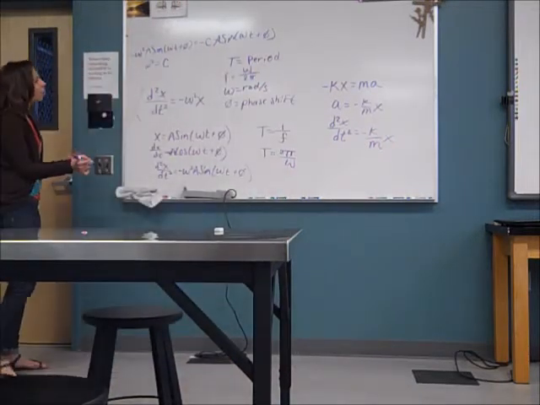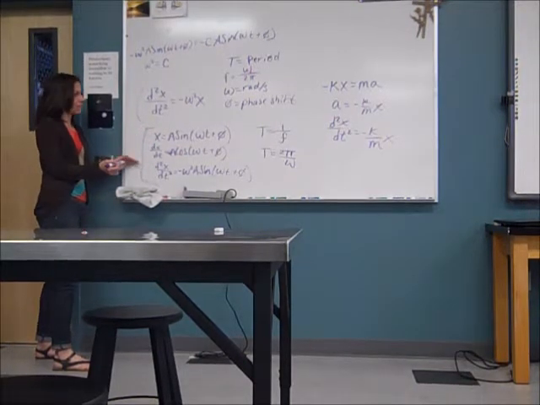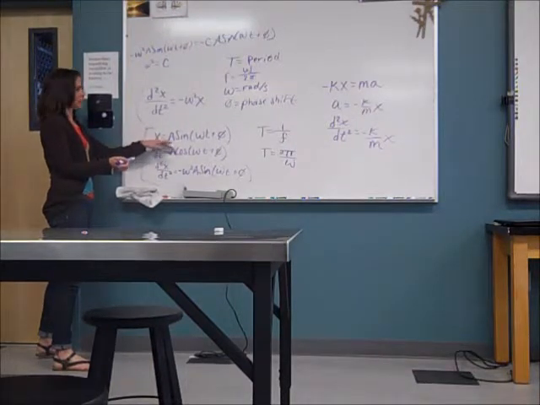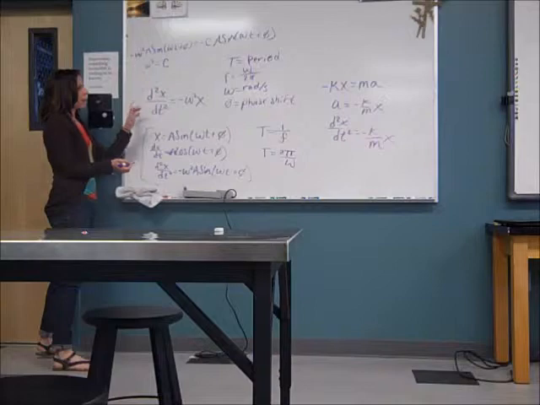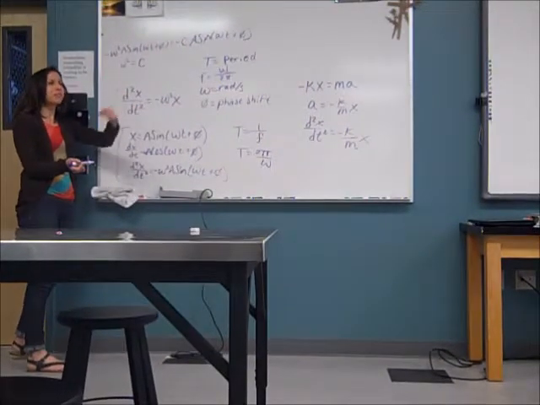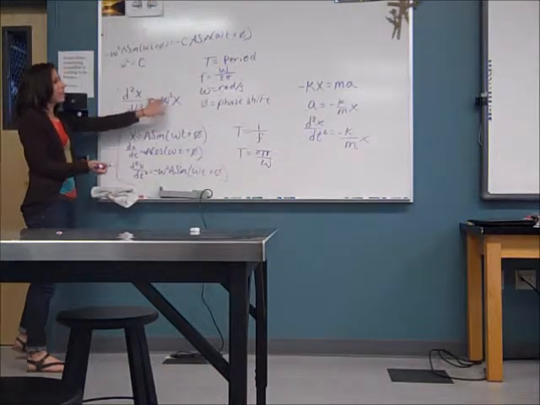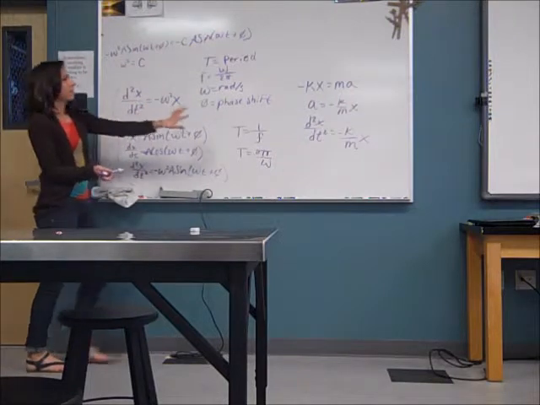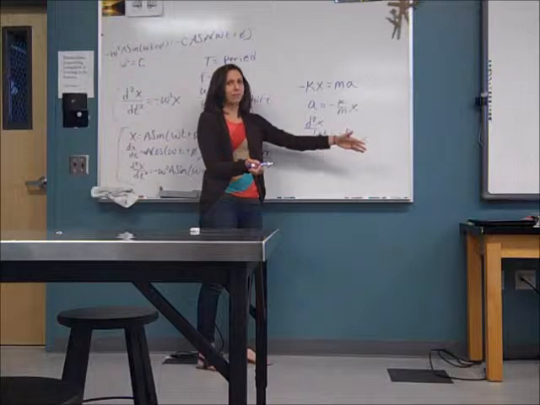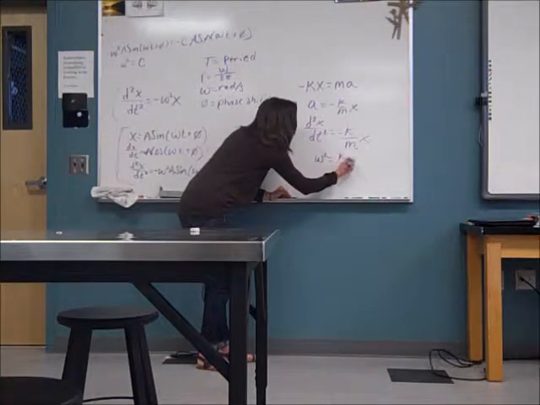And because I know now, from doing this one time, instead of doing this every time, that the solution to this is going to be something that's a sine omega t plus b, I can figure out that omega, which governs how frequently the motion occurs, omega squared is whatever is in front of the x, or the function that is by itself. So in this case, omega squared for a mass on the spring is k over m.